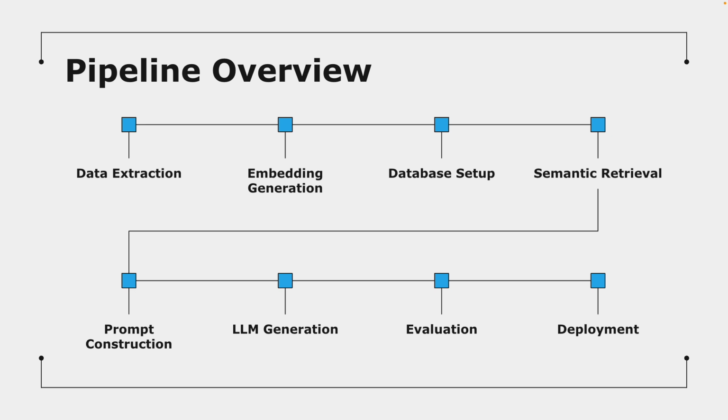Then I use prompt construction and feed it into the LLM to generate the final answer. After that, I have a very simple evaluation and then finally deploy my whole system on the cloud.